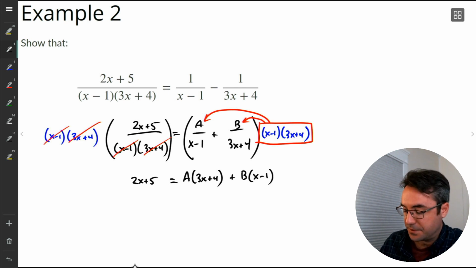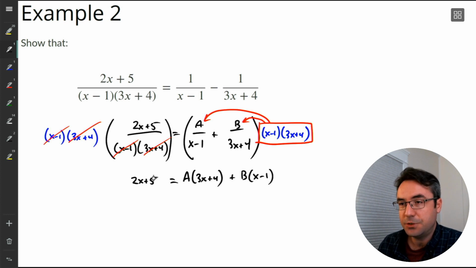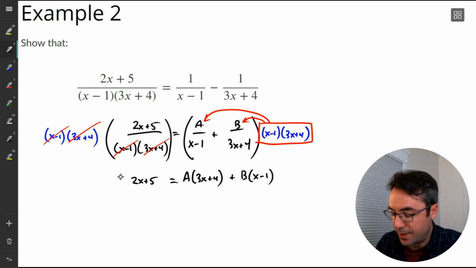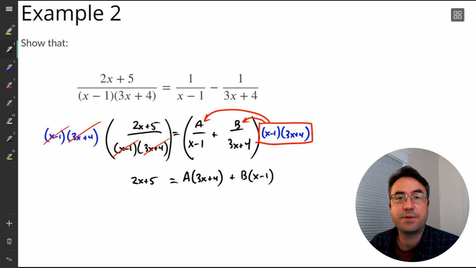All right, so we have this equation now. 2x plus 5 is equal to a times 3x plus 4 plus b times x minus 1. And this equation is going to work for all x values. So we want to figure out a and b.